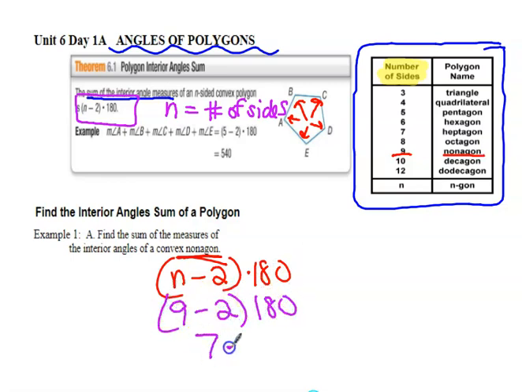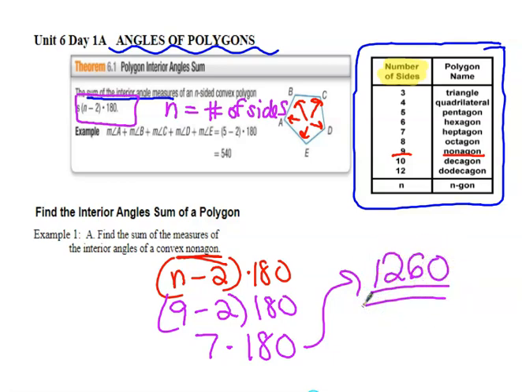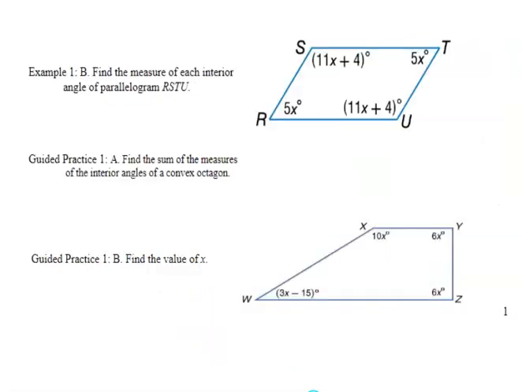Then I have 7 times 180. Let's put that in the calculator. 7 times 180 equals 1,260 degrees. That is the sum of interior angles, which means all the angles added up inside a 9-sided polygon. Okay, let's try the next one.